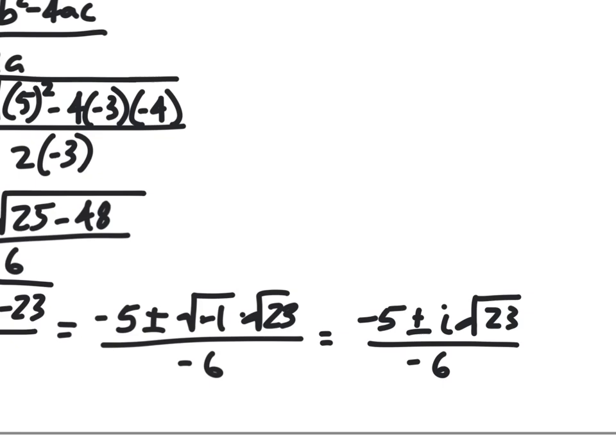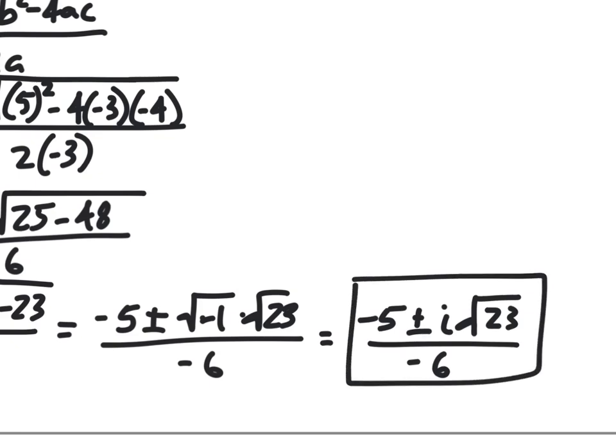I can't take the square root of 23; that doesn't give me anything real, so I have to keep it like that. I can't simplify it any further, because 23 is a prime number, divisible only by itself and 1. So you just write your answer like this: negative 5 plus or minus i square root of 23, all over negative 6.